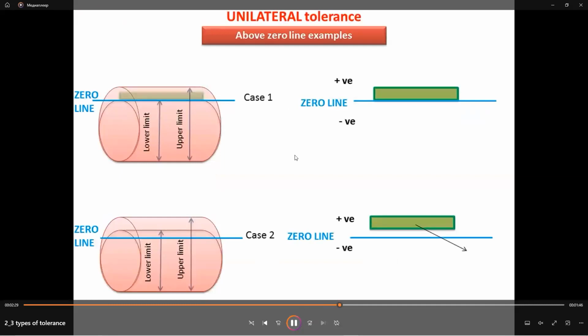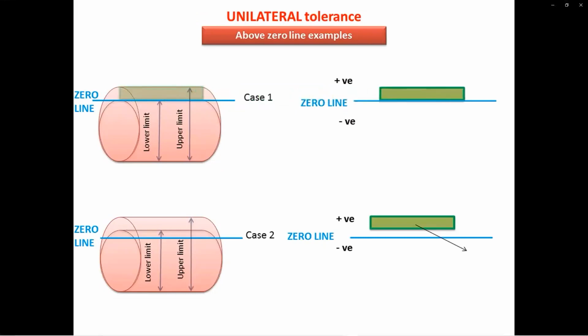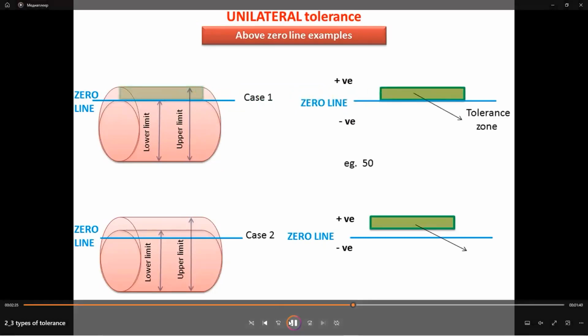And unilateral tolerance above zero line examples: zero line, lower limit, upper limit, and tolerance zone above the zero line.